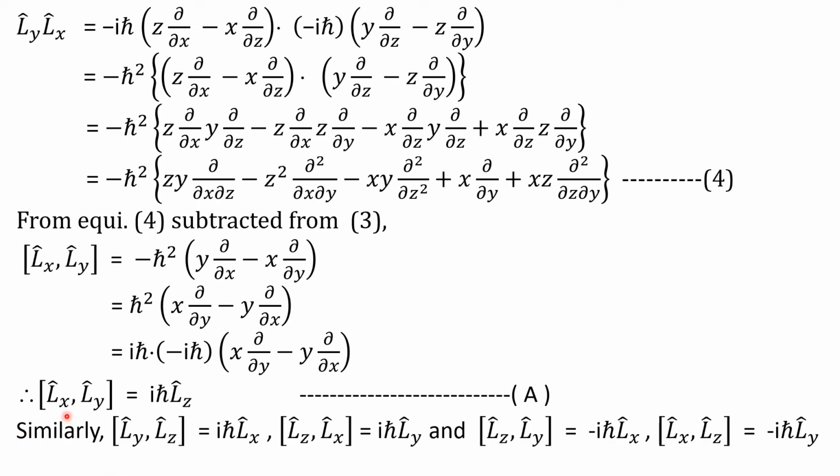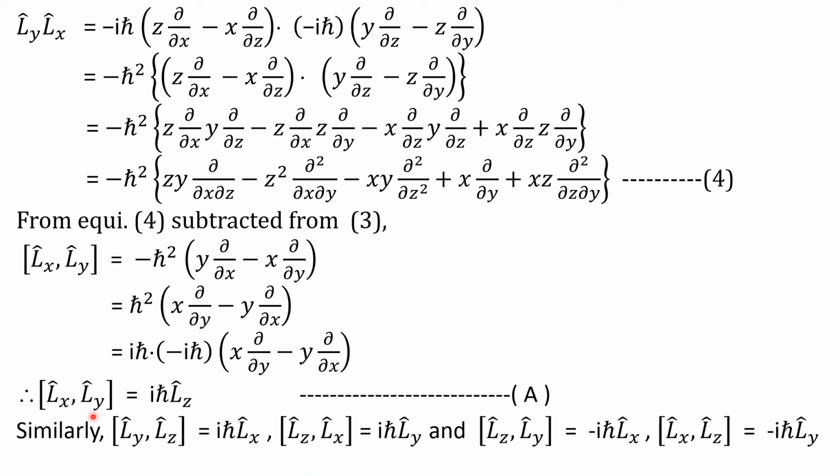Now see here, if we write the cyclic order Lx, Ly and Lz, if we rotate from Lx to Ly, the term is positive; Ly to Lz positive; and Lz to Lx again positive. Hence, [Lx, Ly] equals i h cross Lz, similarly [Ly, Lz] is i h cross Lx and [Lz, Lx] is i h cross Ly.